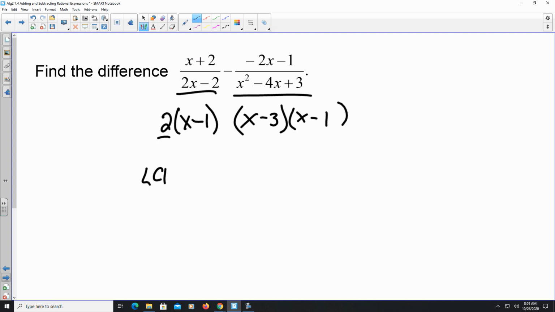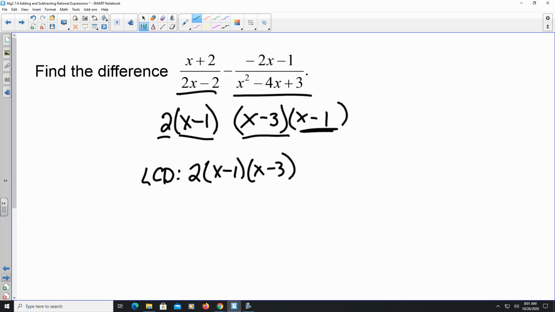So my LCD in this situation is going to be 2 to start with, times the x minus 1 right here. And then I look at the second denominator, I got x minus 3. That's not the same, so I'm going to write in x minus 3. But now I just have one x minus 1.